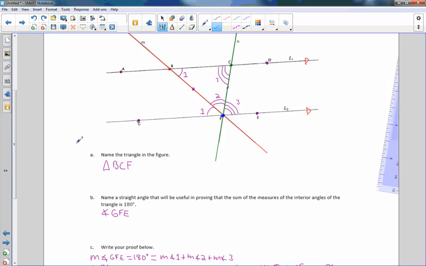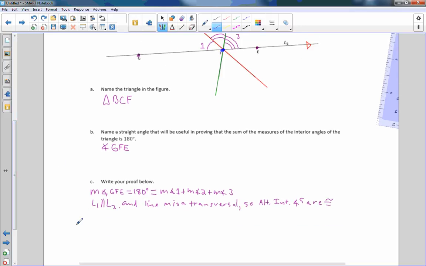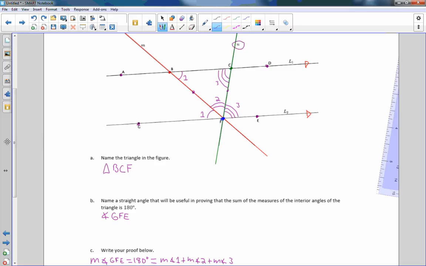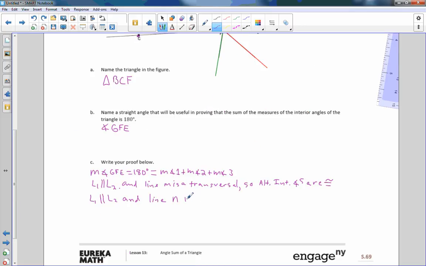So therefore, since L1 and L2 are parallel, and line N, my other transversal, is a transversal, alternate interior angles are congruent.